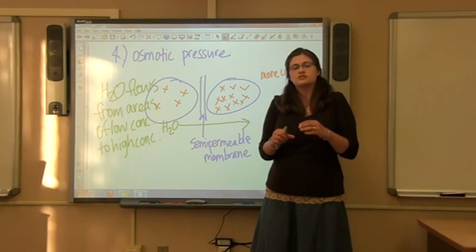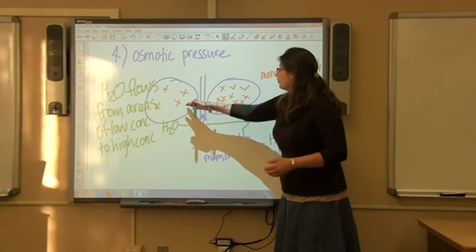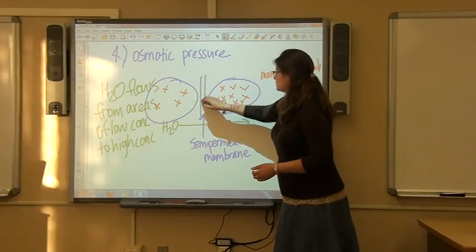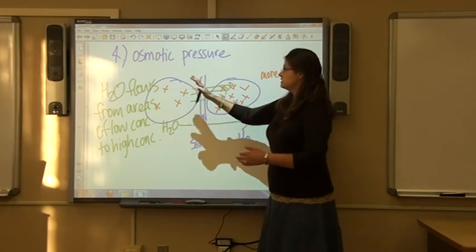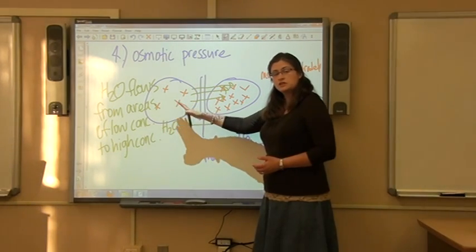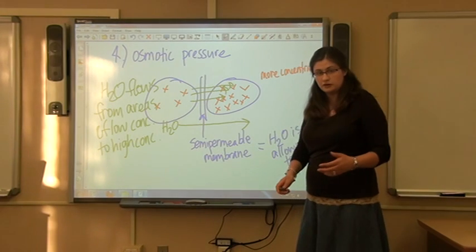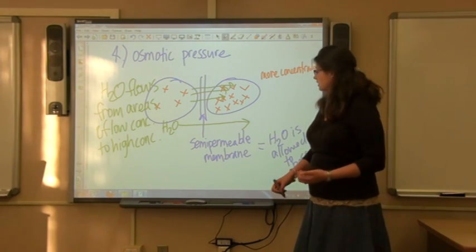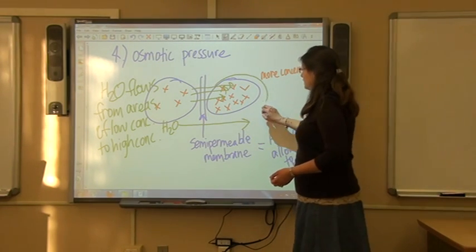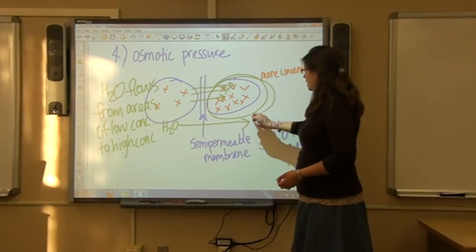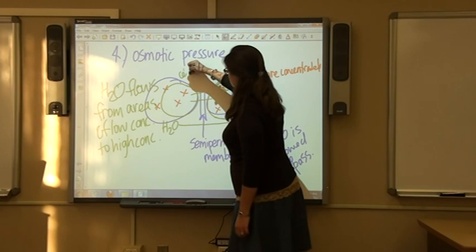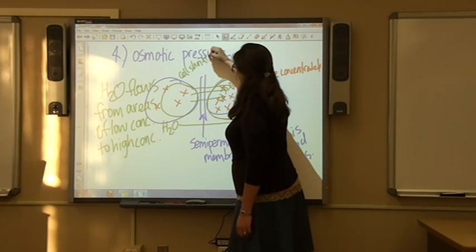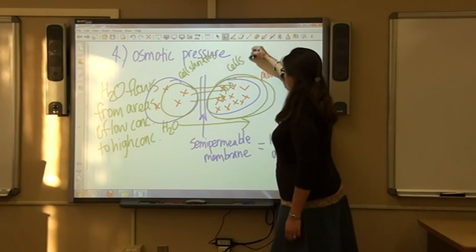The water is going to try its best to move over here so that it can try to space out some of the solute. So the water is going to leave this side, and if this were a cell, it would shrivel up and get very small because its water is leaving, while this cell is going to expand to accommodate the new amount of water that's flowing in. This cell shrinks, and this cell expands.